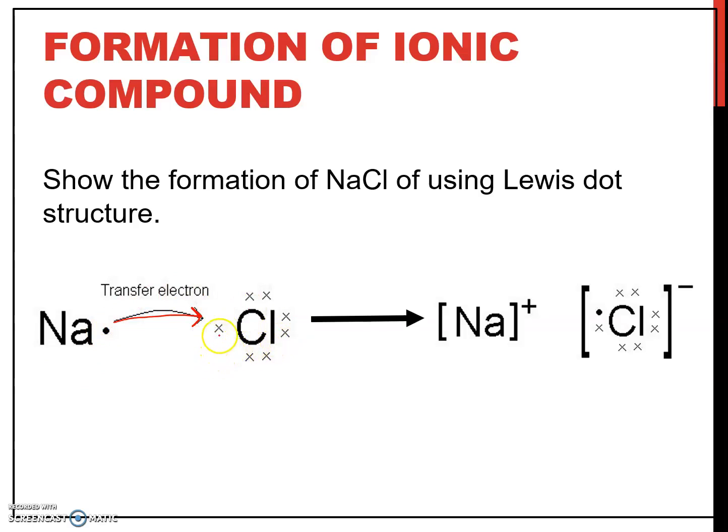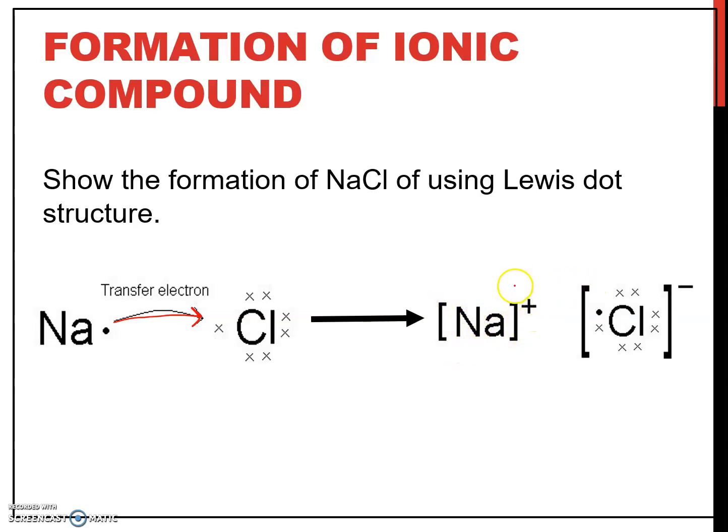For ionic compound, 1 atom will release and transfer the electron to the atom that has high attraction towards the electron. So to form the compound, since sodium has released 1 electron, it will become cation, sodium with bracket plus 1.